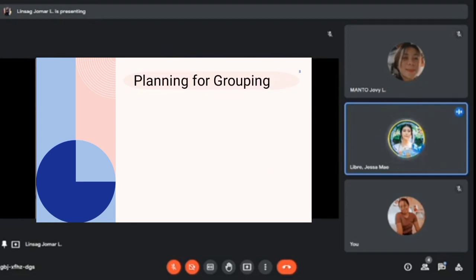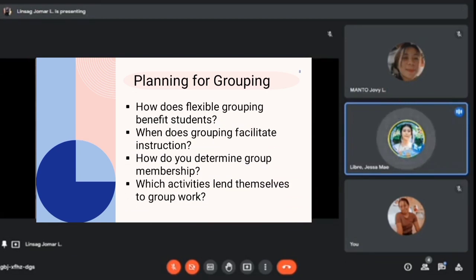Now let's proceed to planning for groupings. These are the things that will be considered in planning for groupings. First, how does flexible grouping benefit students? Does flexible grouping provide support for struggling learners? Does it encourage active learning?